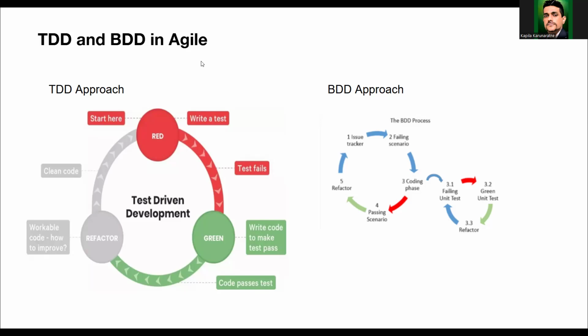Based on the behavior, the developer will develop his code and the tester will develop his test cases and automation scripts. Once the test case is completed, he will integrate with the CI/CD pipeline and commit the code. And when the developer commits the code, your test case will be executed.